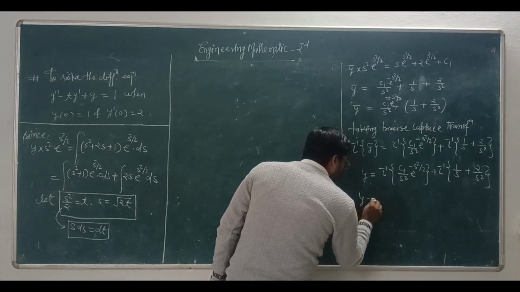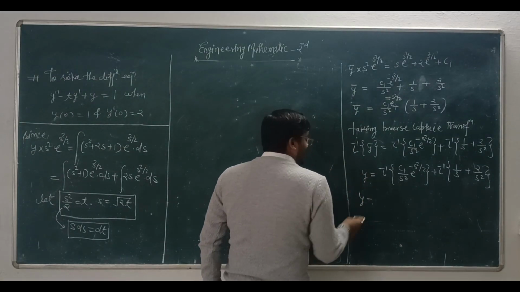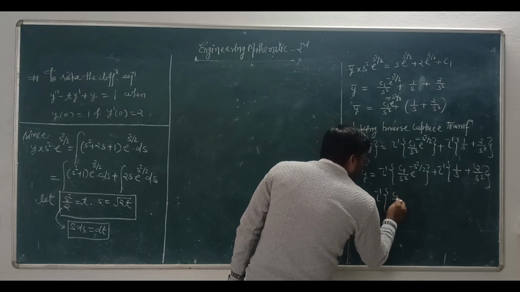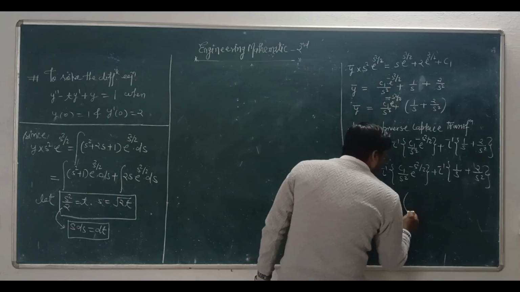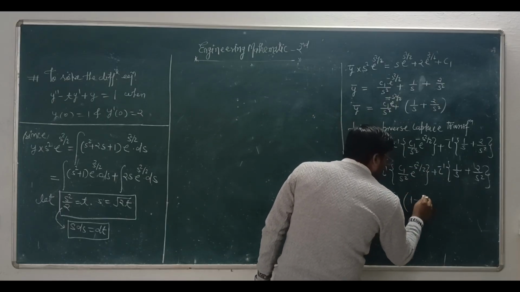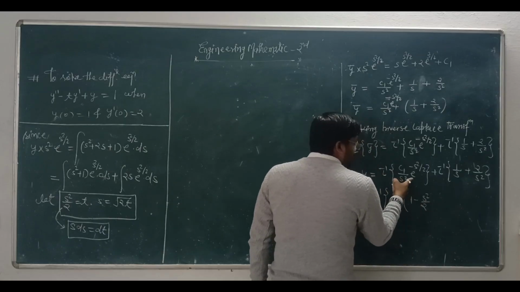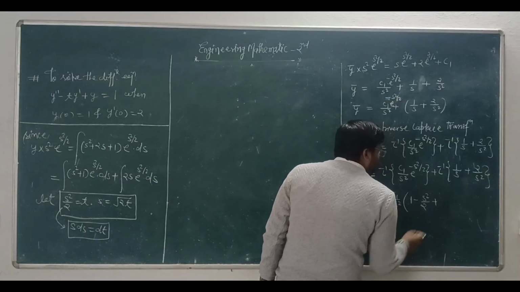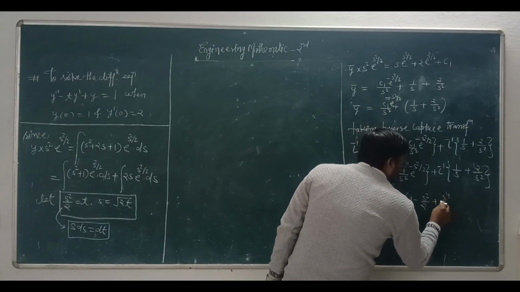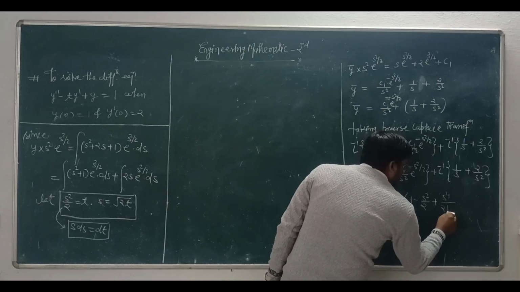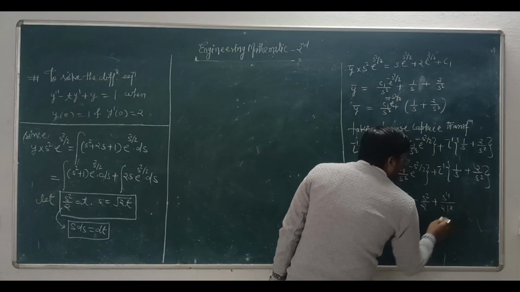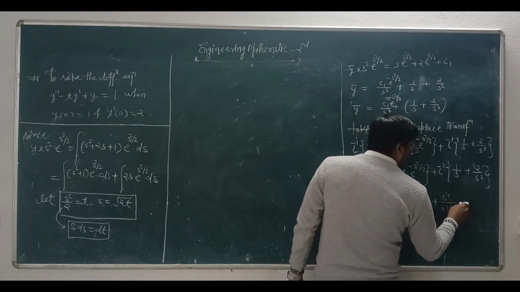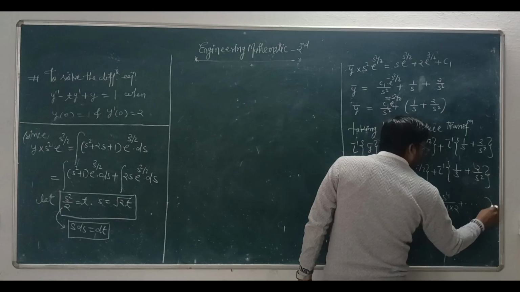Now y is inverse Laplace of C1 upon s square, you can put this value 1 minus s square by 2, exponential function e to the power x, I can open now, plus s to the power 4 upon factorial 2 into 2, now again plus dot dot dot.